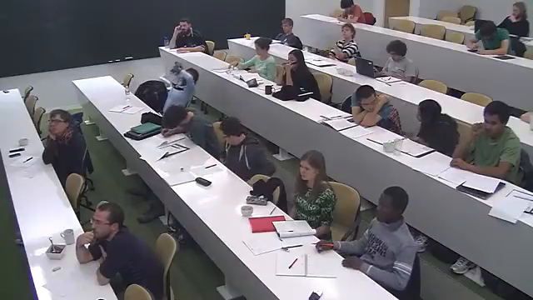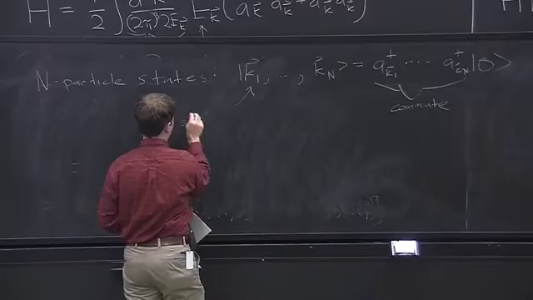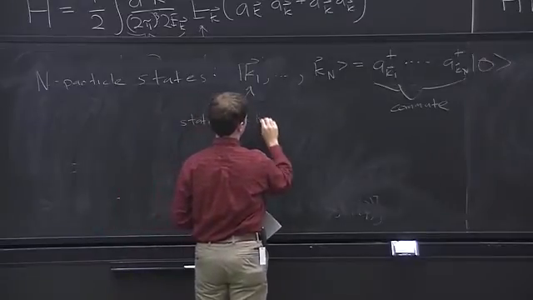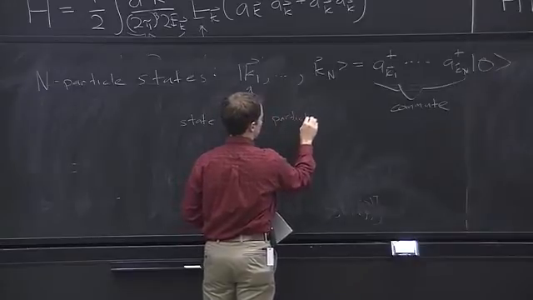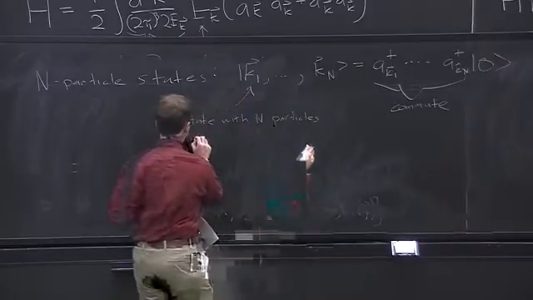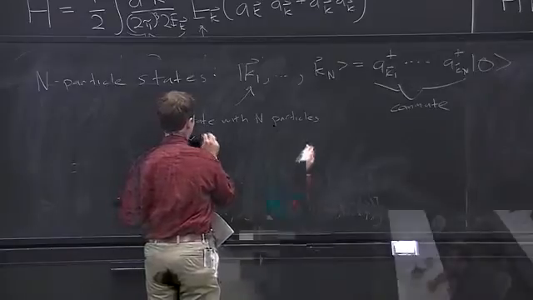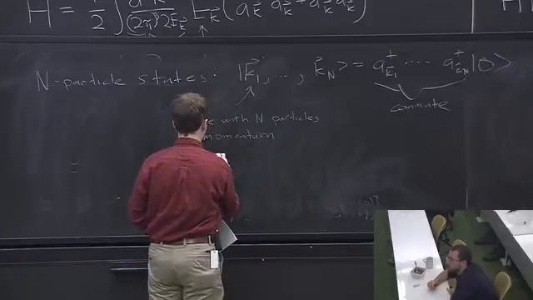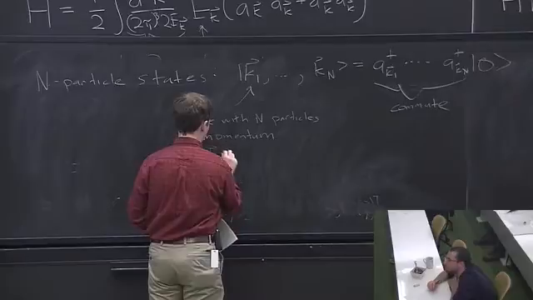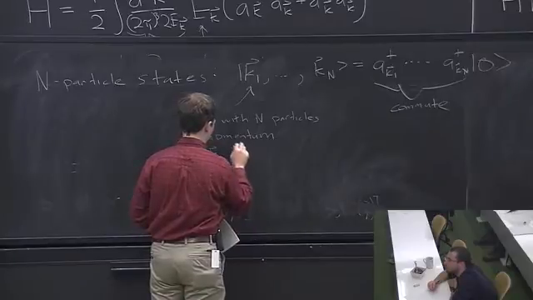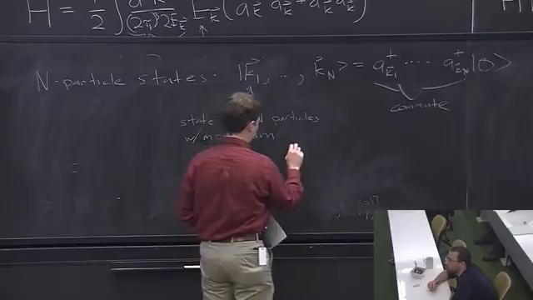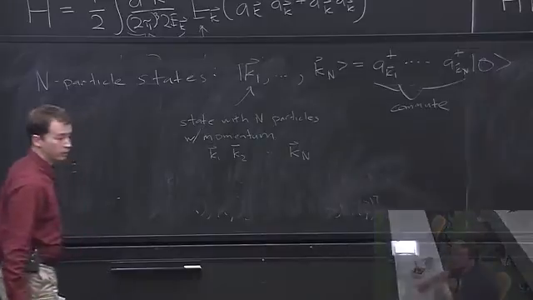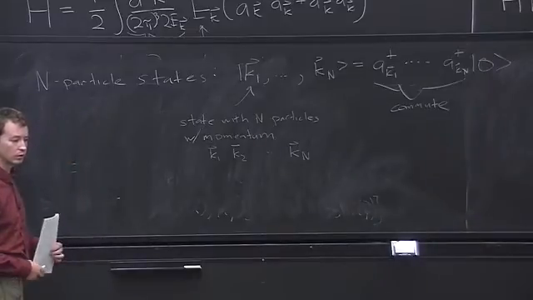So what I mean here is this is a state with n particles, and the momentum of the n particles are momentum K1, K2, up through Kn. Does that answer the question?